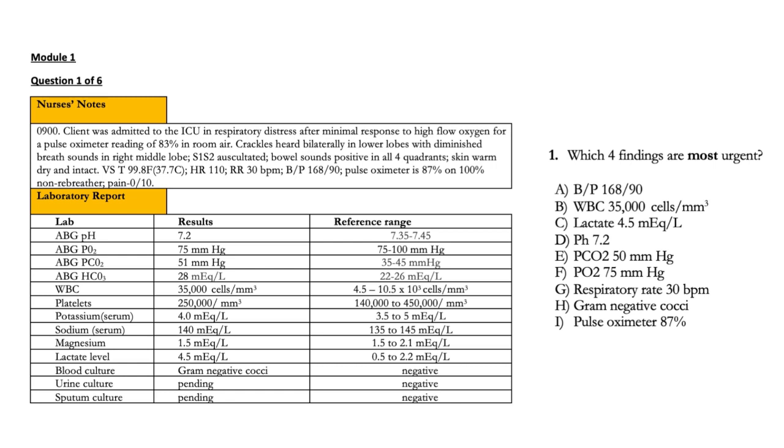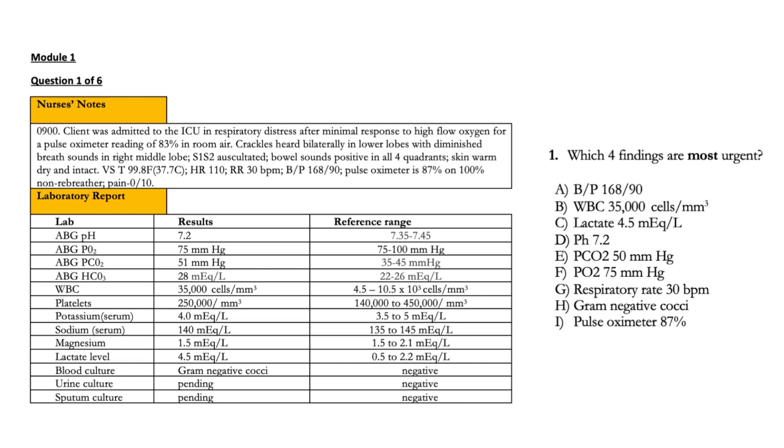Laboratory report. Blood gas pH 7.20. Partial pressure of arterial oxygen 75. Partial pressure of carbon dioxide 51. Bicarb 26. WBC 35,000. Platelets 250,000.